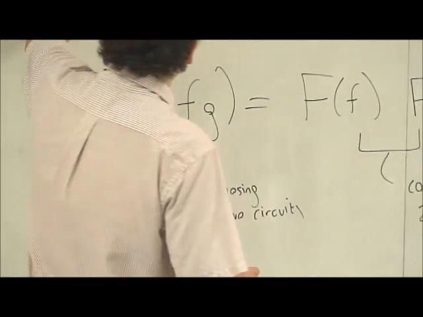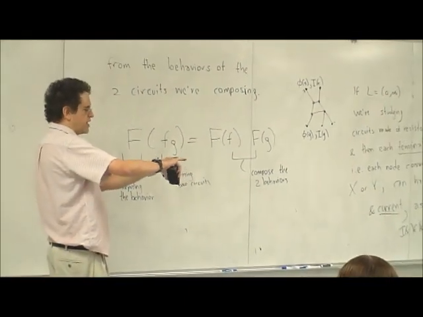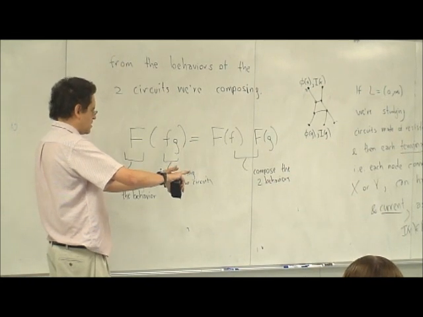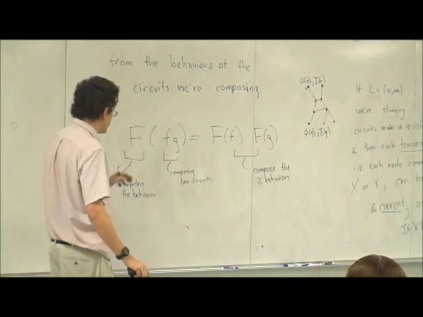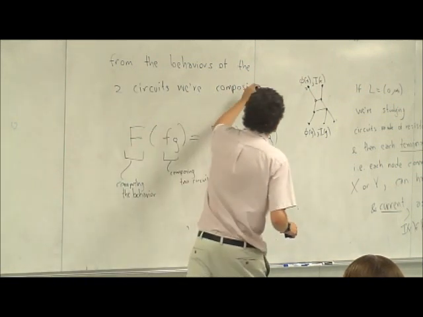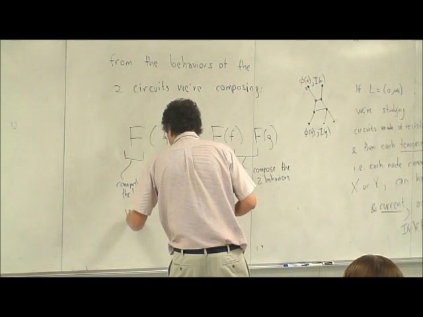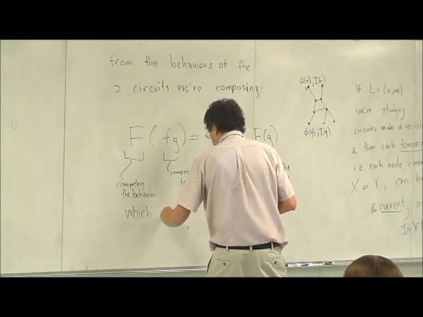So this fact about the universe, that you can sometimes figure out what's going on when you stick things together, without needing to peek inside each of the things you're sticking together, is actually expressed in this equation. And this equation is the definition of a functor, the main part of the definition of a functor.